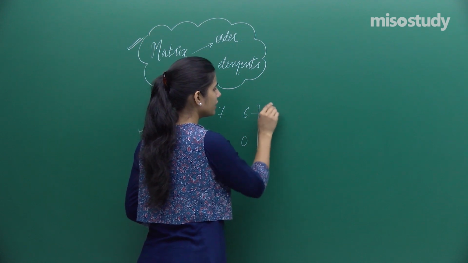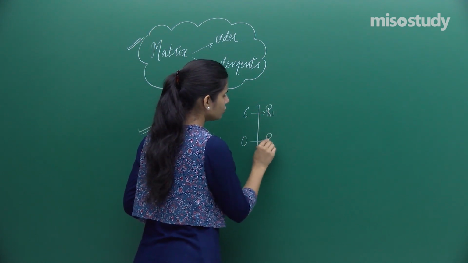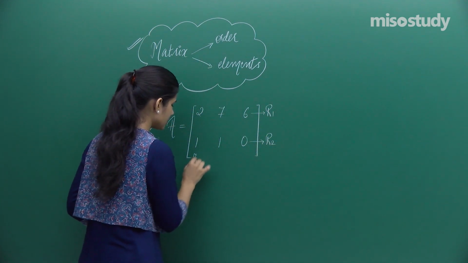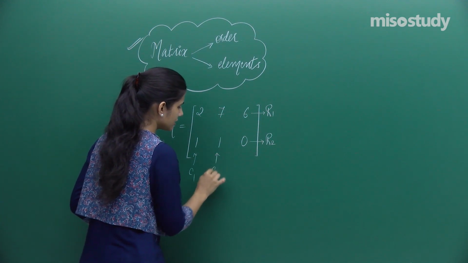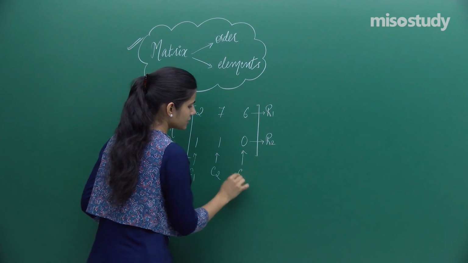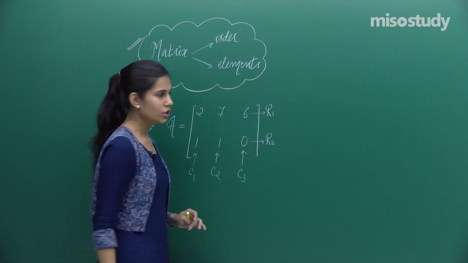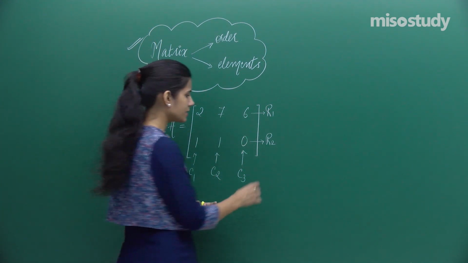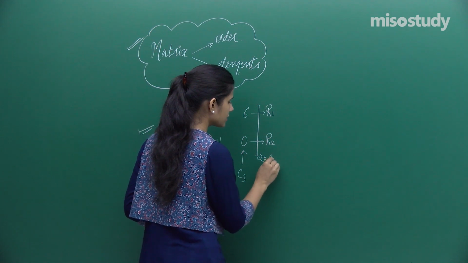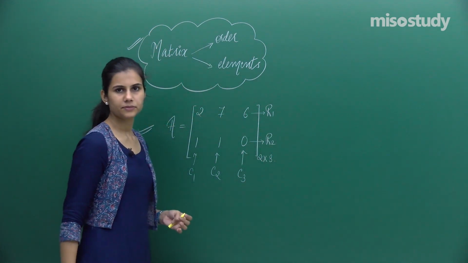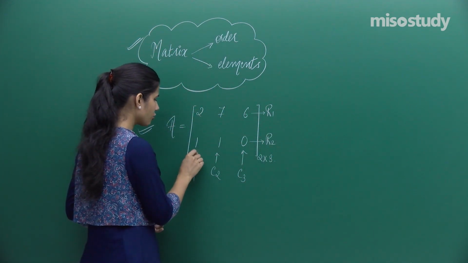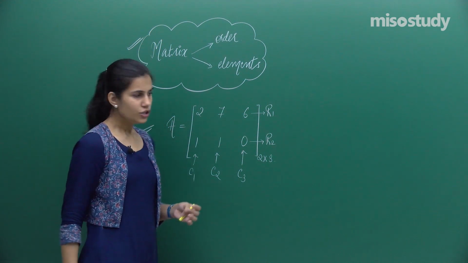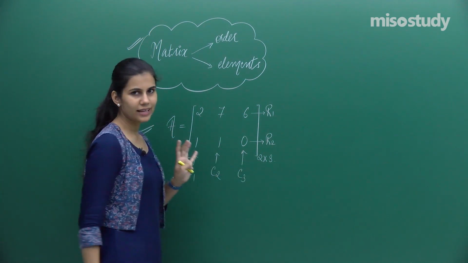This is row 1, this is row 2, this is column 1, column 2, and column 3. So 2 rows, 3 columns, and you always write the number of rows first, number of columns next. So this is 2 cross 3. Is it understood? This matrix A is of order 2 cross 3.